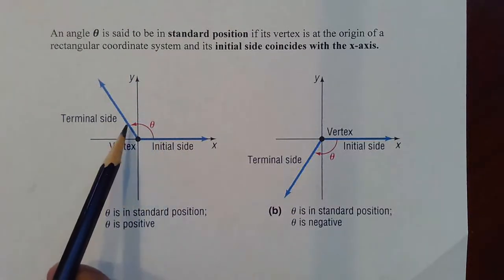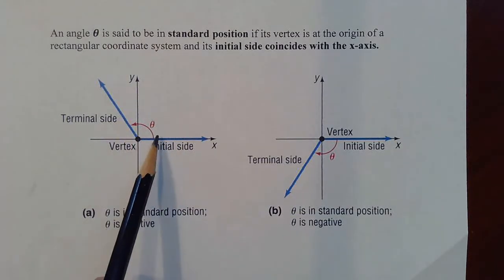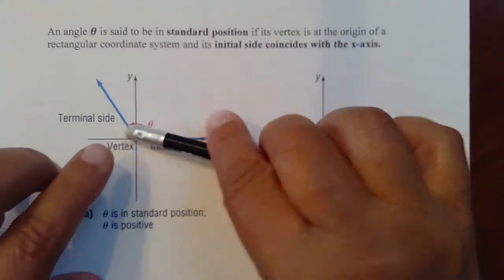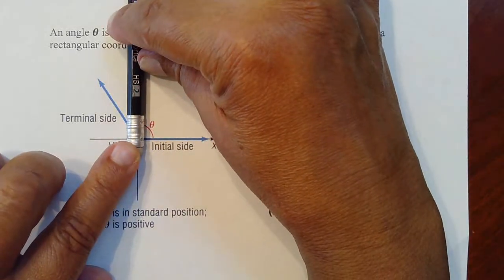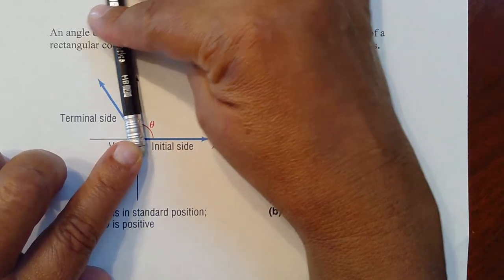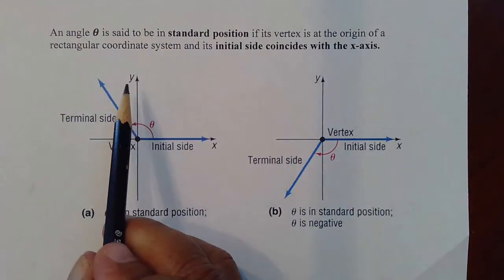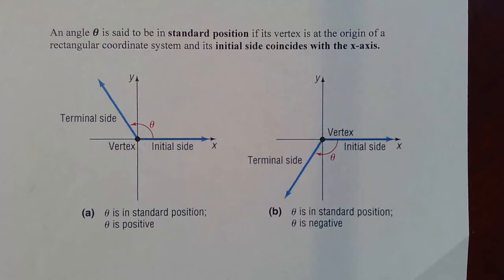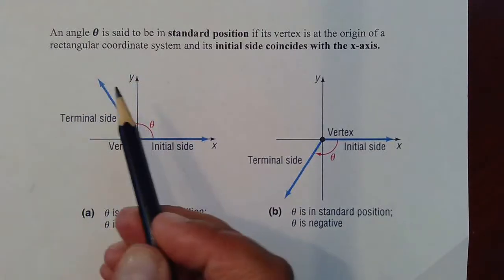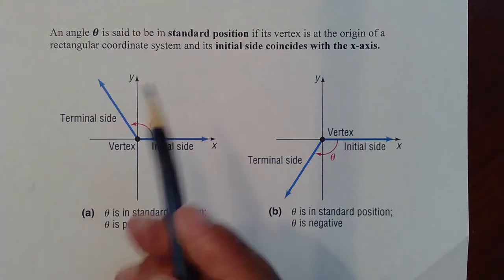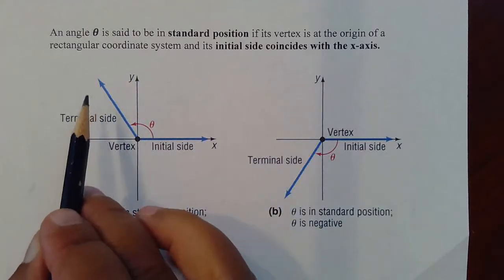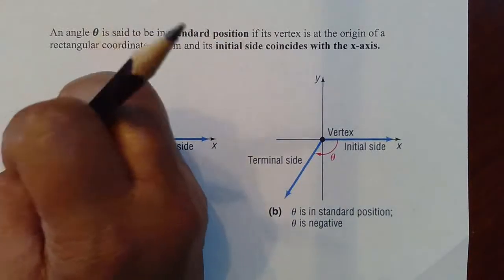And therefore, because this is counterclockwise, whatever this angle is as a number, let's say it's 110, you know it's got to be more than 90, because when you rotate from here to straight up where the y-axis is, that's 90. So you can use what are called landmarks. This is a landmark, that's a landmark. We'll talk more about that to judge sort of where you're at. So this would be something bigger than 90, let's say 100, 120, something like that. But anyway, it would be positive 120 because of the way the arm, the terminal side, is rotating.